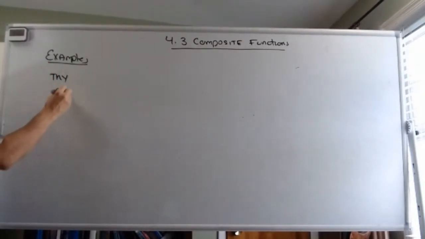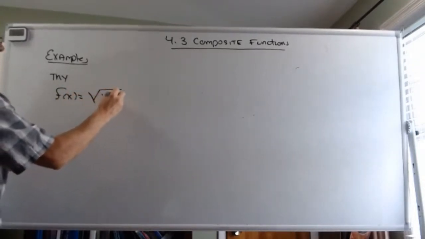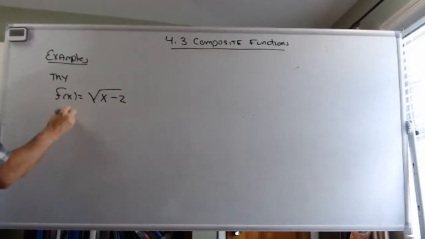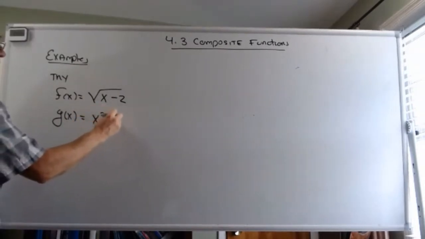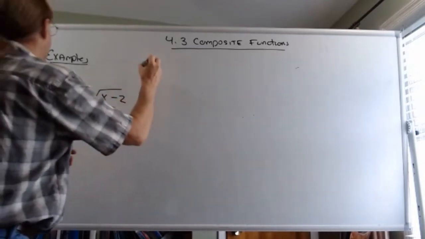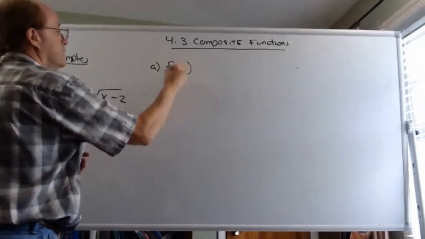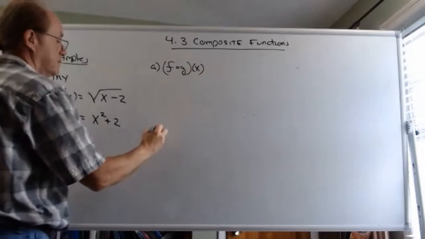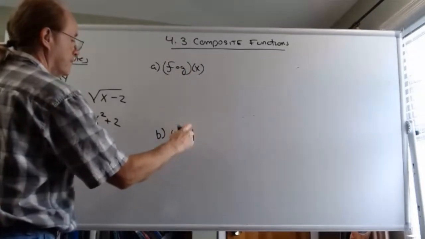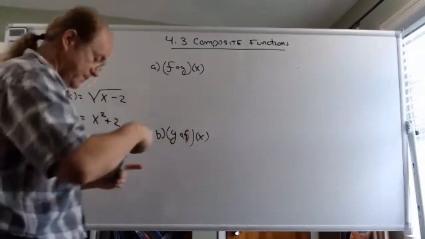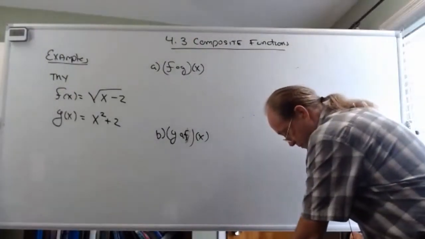So let's define our f of x is the... so compute two different things. And one thing I want you to compute is f composed with g of x, as well as g composed with f of x. Try those. See if you can work through the algebra on those, and I'll work through it in my head over here and see what we come up with.